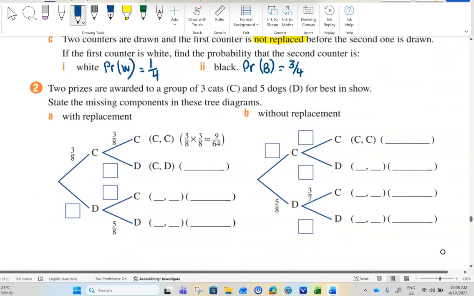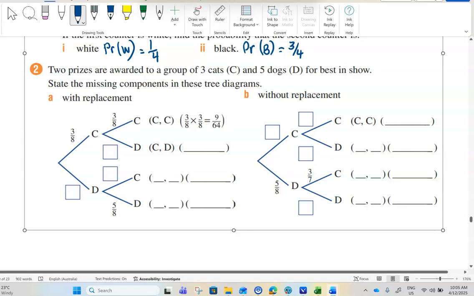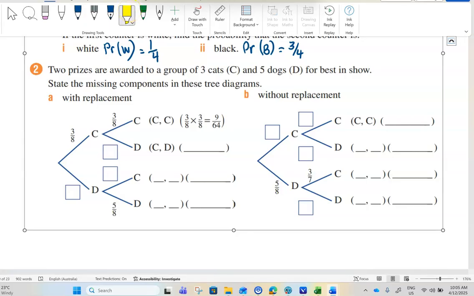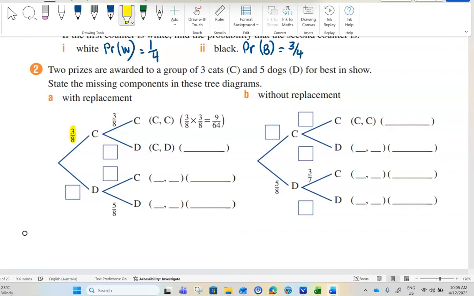So let's have a look at filling in these tree diagrams. So what they're showing you before, remember I said the probability of this first choice. So they said 2 prizes awarded to a group of 3 cats and 5 dogs for a best in show. State the missing components.